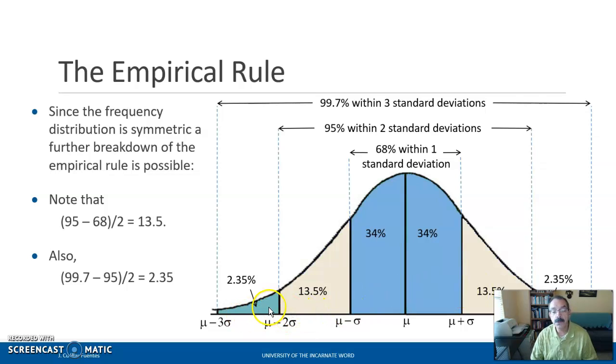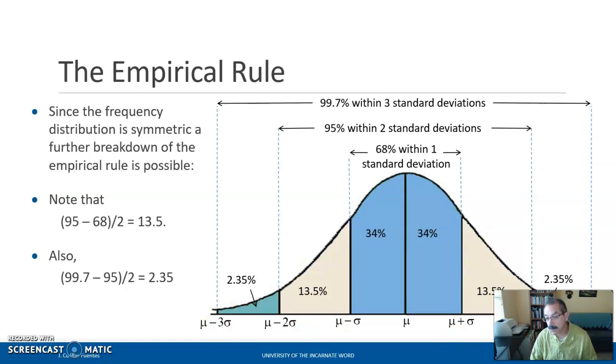Also, using this calculation, you have 99.7% of the data minus 95% of the data, and then you divide that difference by 2, then you have 2.35%. So that tells you that 2.35% of the data is going to be between 2 standard deviations below the mean and 3 standard deviations below the mean.